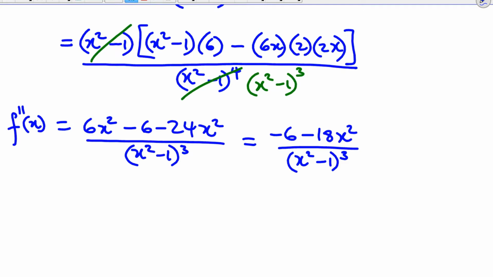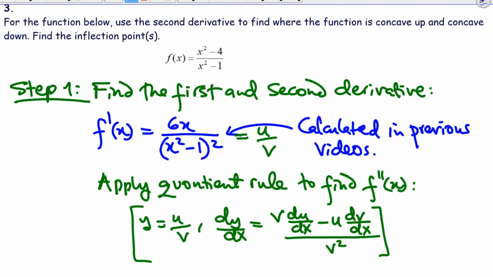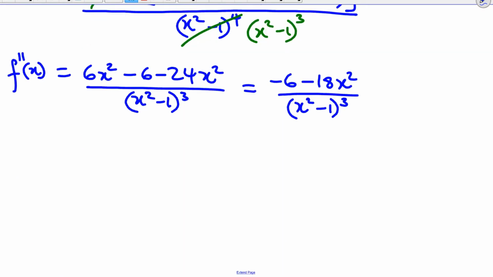So what will be the next step after that? That was step 1, first and second derivative, we have them.